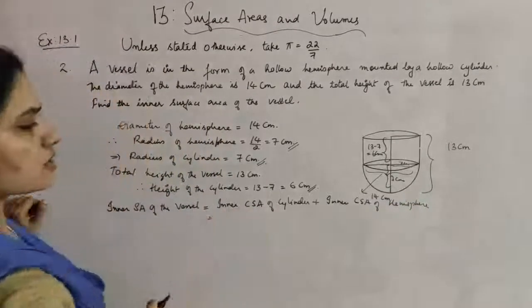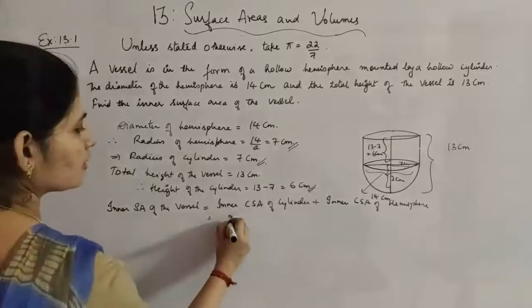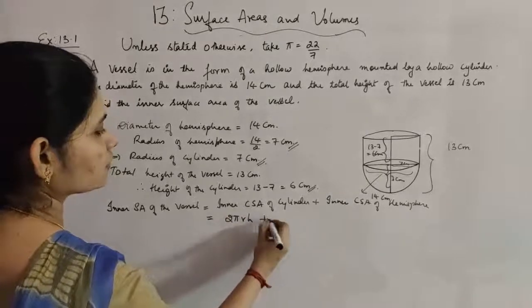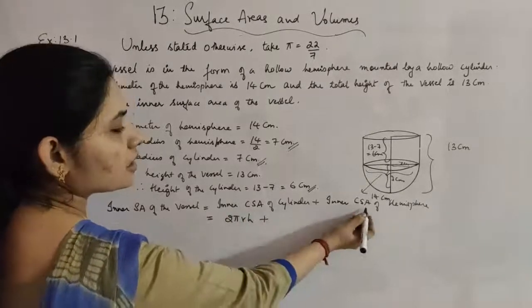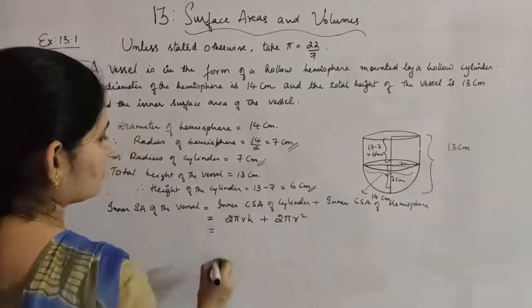What is the inner curved surface area of the cylinder? Same as the curved surface area of the cylinder. It is 2 pi RH, where R is the radius and H is the height of the cylinder. And inner curved surface area of hemisphere, you will get 2 pi R square.